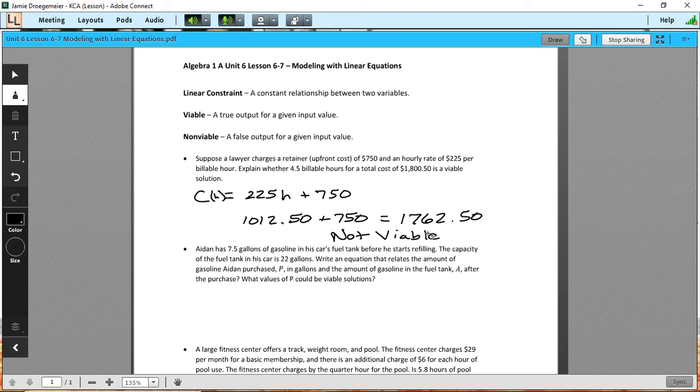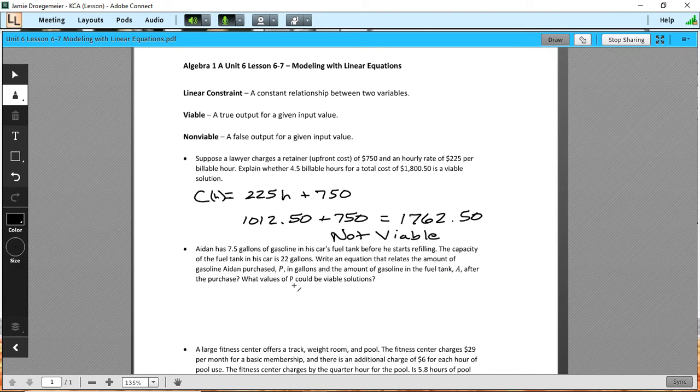In the second one, it says Aiden has 7.5 gallons of gasoline in his car's fuel tank before he starts refilling. The capacity of the fuel tank in his car is 22 gallons. We want to write an equation that relates the amount of gasoline that he purchased, which we're calling P, in gallons, and the amount of gasoline in the fuel tank, A, after the purchase.